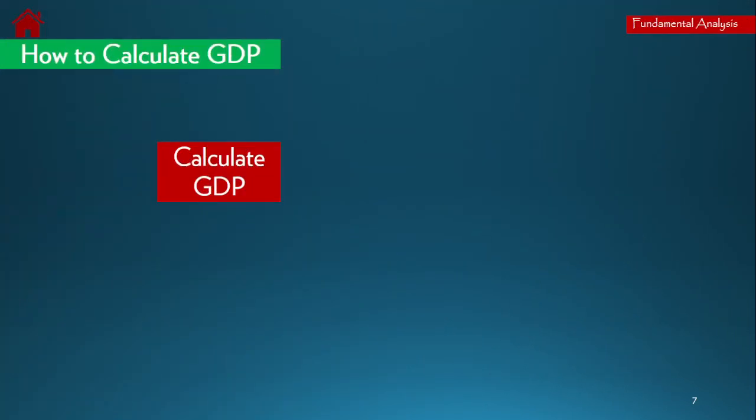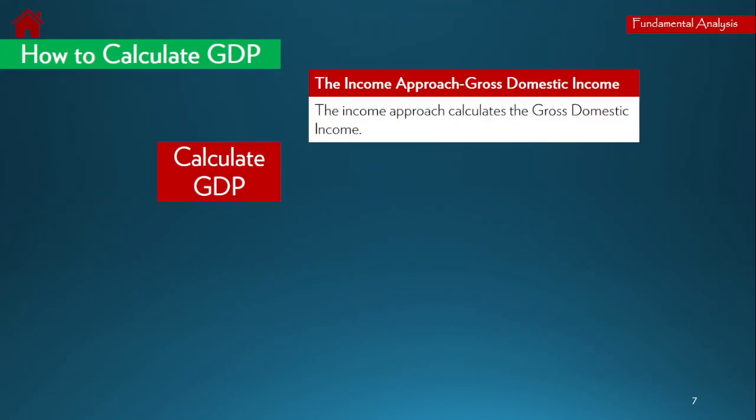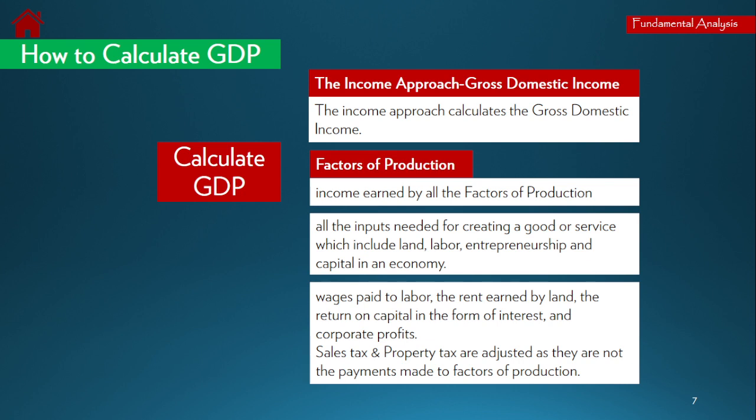Now we look at the income approach. The income approach calculates the gross domestic income, as the name suggests, and it takes into account the factors of production. And we look into all the inputs needed for creating goods or services, which include land, labor, entrepreneurship, and capital in an economy.